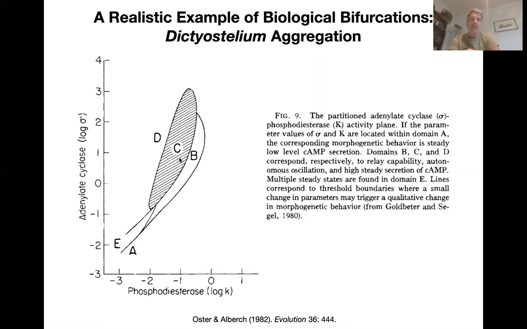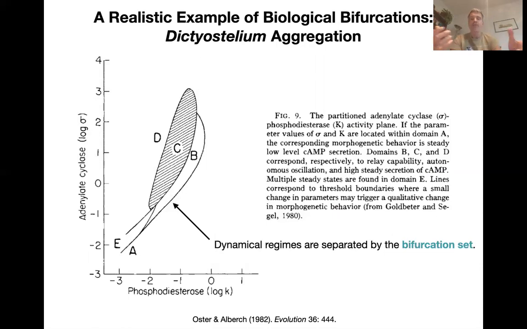The letters A, B, C, D, and E indicate different dynamical regimes of a biochemical model of cAMP secretion in this system. So you can have different kinds of behaviors, and these lines here are where bifurcations occur. These lines are called the bifurcation set. It's a set of points. They're called the bifurcation set of the system.